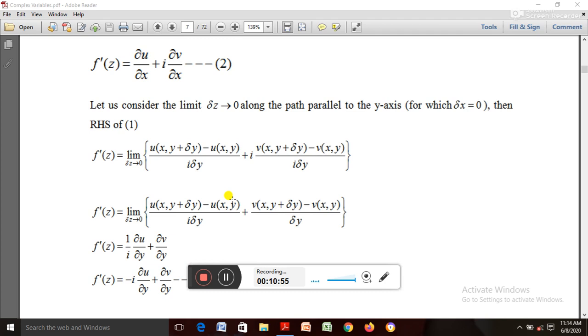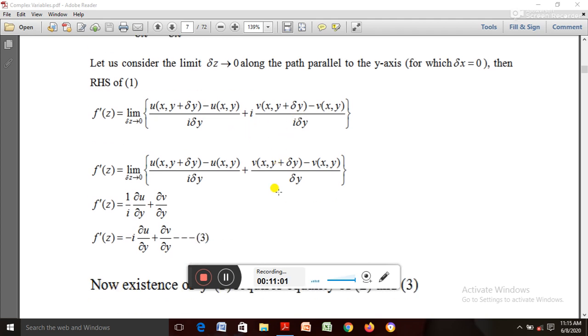Next, in both the terms the i cancels, and we get the limit of delta y tends to 0 of u of (x, y plus delta y) minus u of (x, y) divided by i into delta y, plus v of (x, y plus delta y) minus v of (x, y) divided by delta y. Here we take 1 by i common.